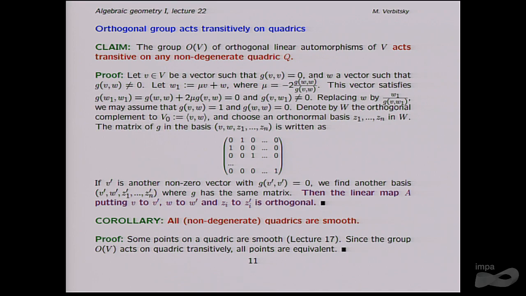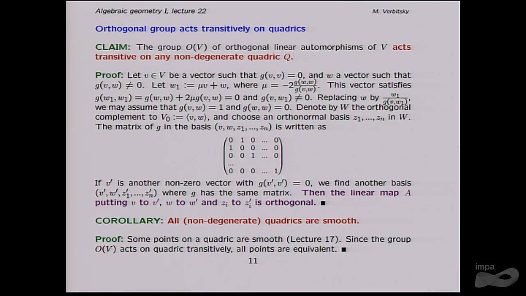The definition: O(V) is the subgroup of the general linear group preserving a non-degenerate quadratic form.